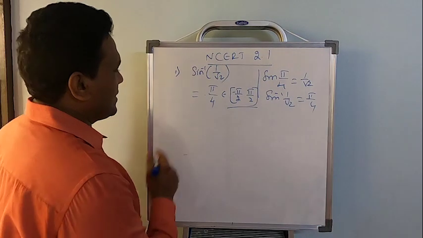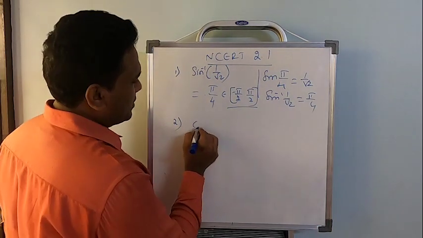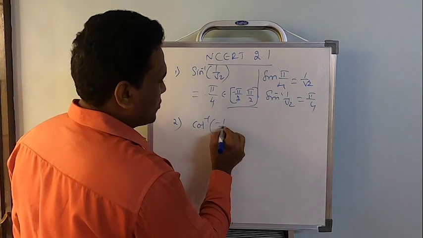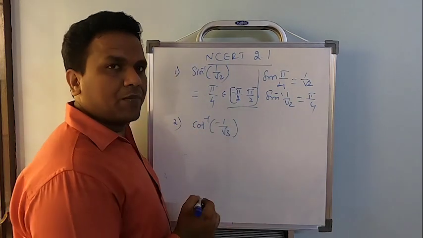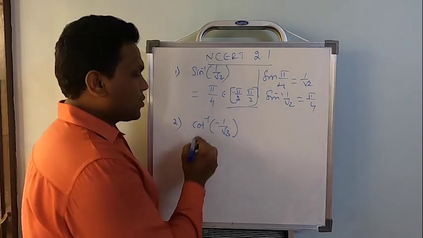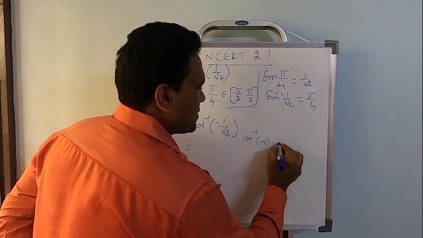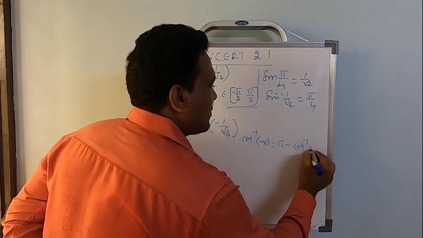Now the second one: find the principal value of cot inverse of minus 1 by root 3. I told you importance should be given to the minus sign. So cot inverse of minus x, we have a formula. What is cot inverse of minus x? Pi minus cot inverse x.